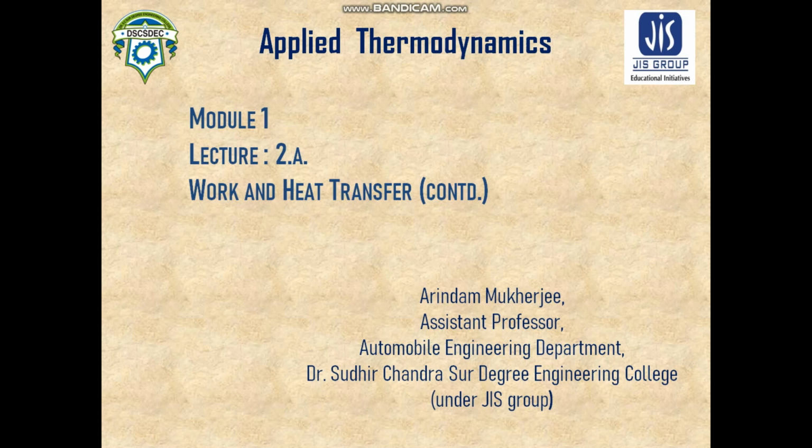This type of energy will obviously be a path function; work and heat transfer are examples of energy in transit. And we also discussed that energy can be in a storage form. Internal energy or intermolecular energy are examples of this kind of energy.